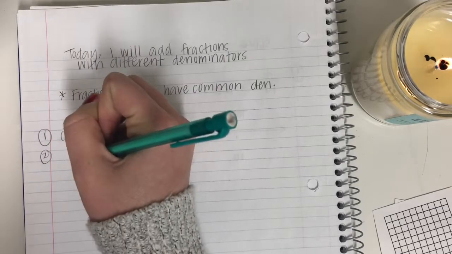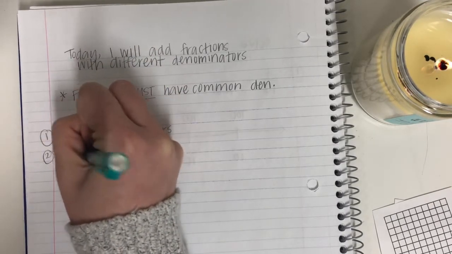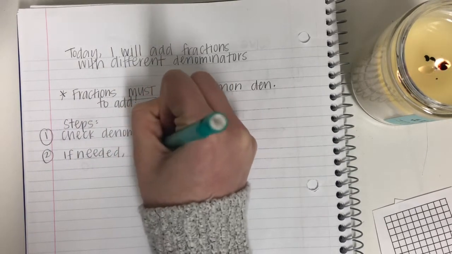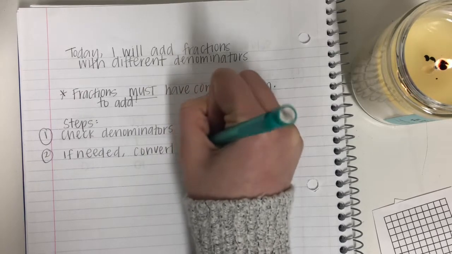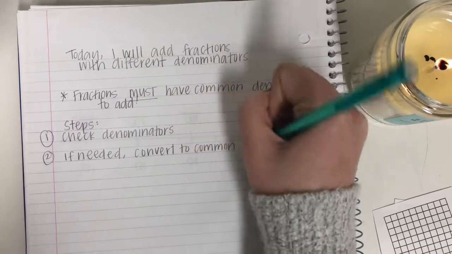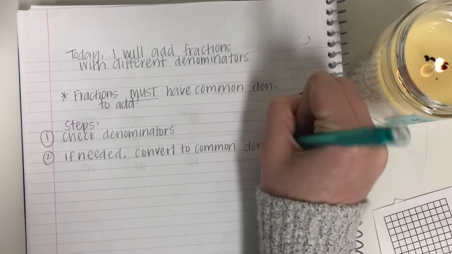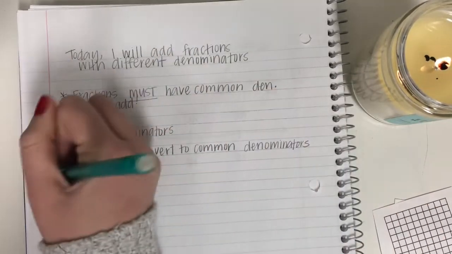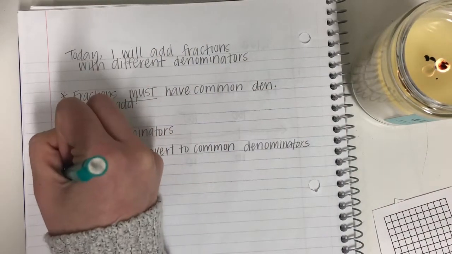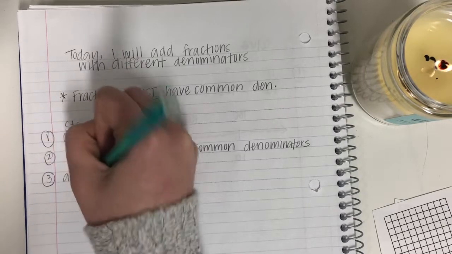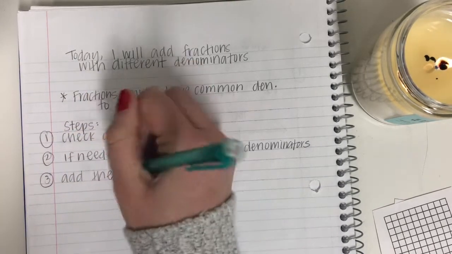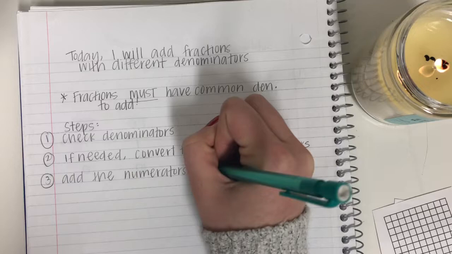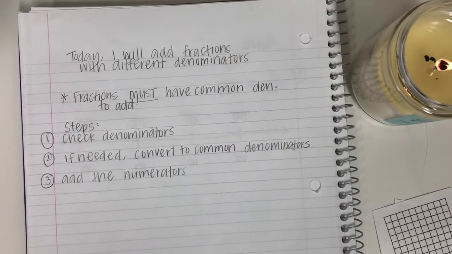Step 2, if needed, convert to common denominators. And then step 3, you just add across. Remember, your denominator stays the same. You don't add the denominators, those are staying the same.